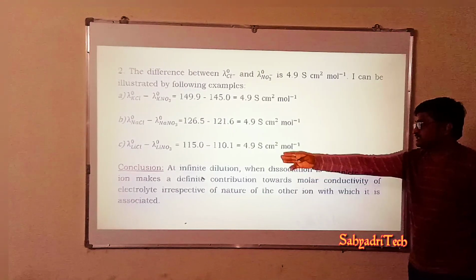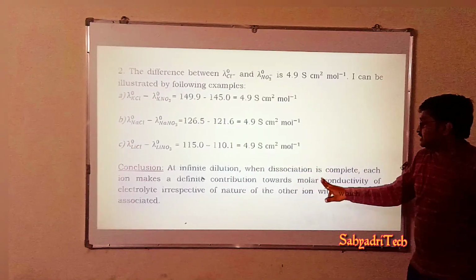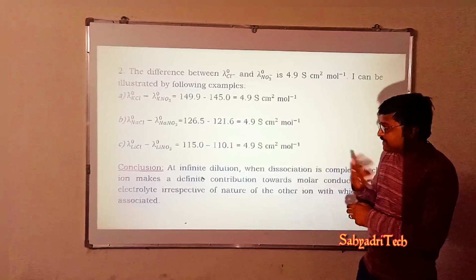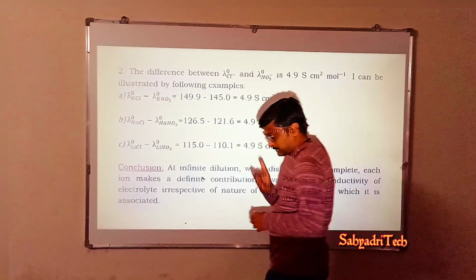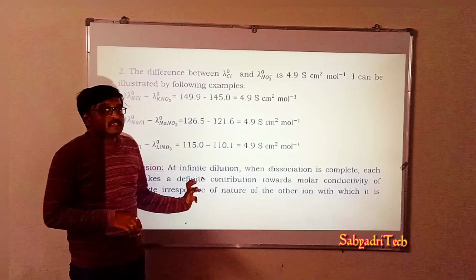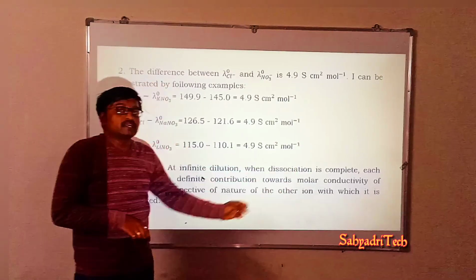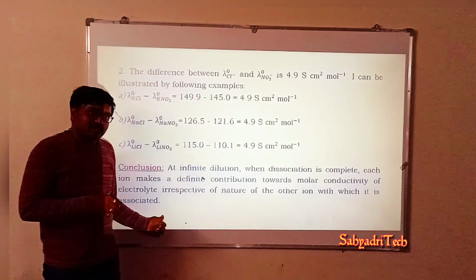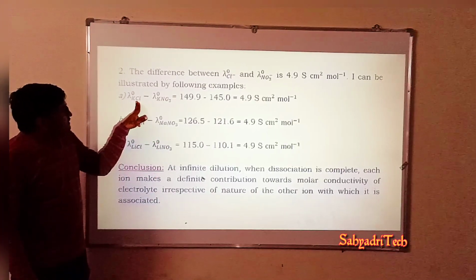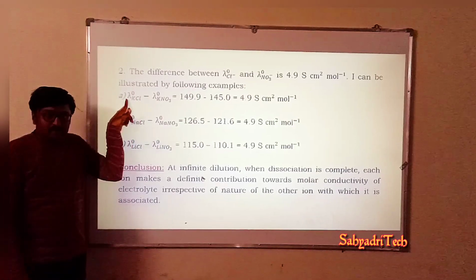So we say that at infinite dilution, when the dissociation is complete, each ion makes a definite contribution towards the molar conductivity irrespective of the nature of the other ion with which it is associated. For example, here Cl- and NO3- ions are associated with the potassium ion.